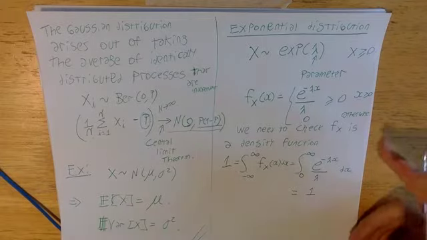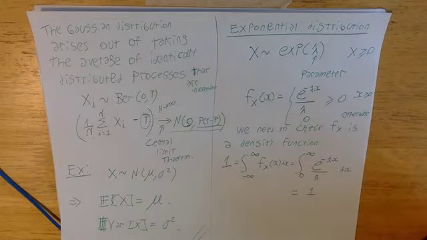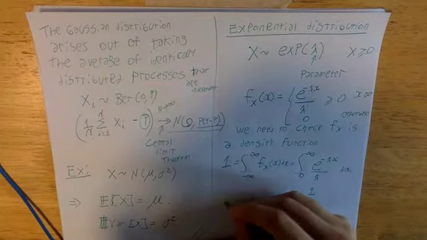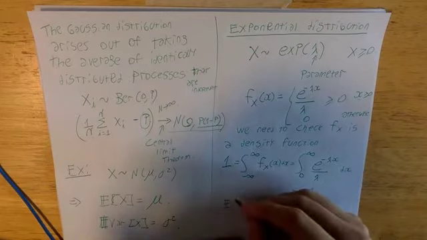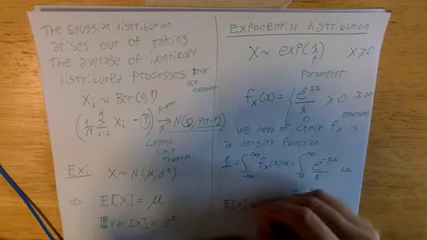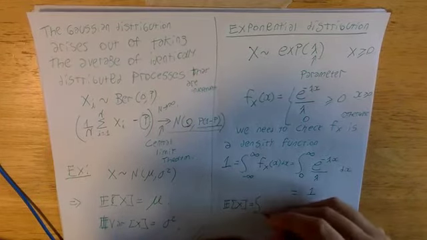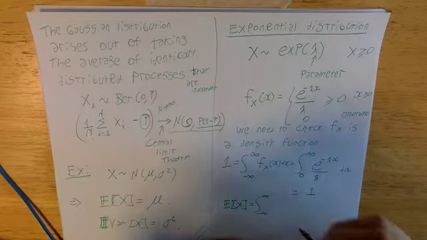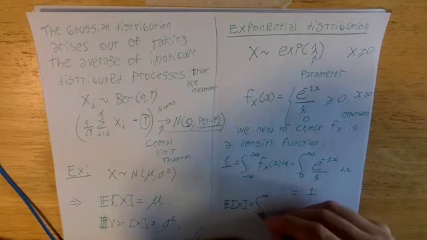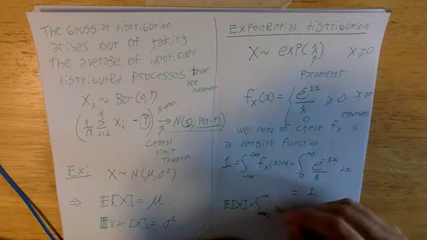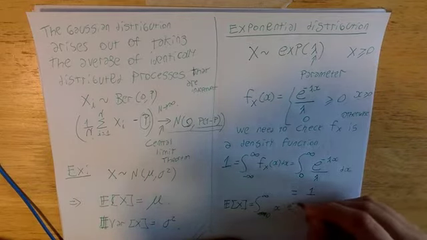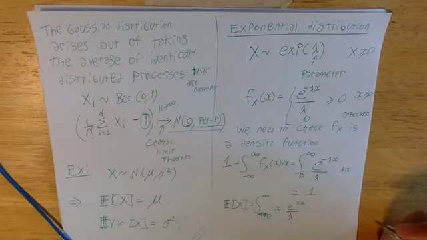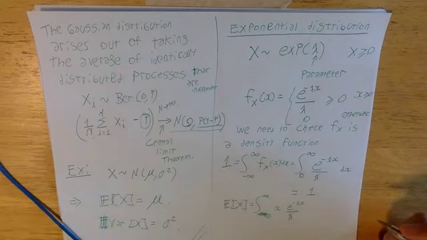Okay, so this is the exponential distribution. Again, we can calculate the expectation of this. So what is the expectation of x? It's going to be the integral from minus infinity to infinity, or the integral from 0 to infinity, of x e to the minus lambda x over lambda.